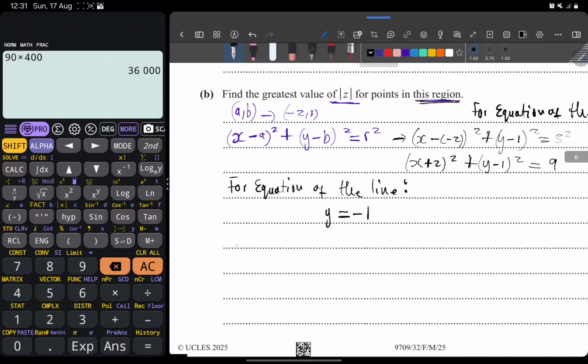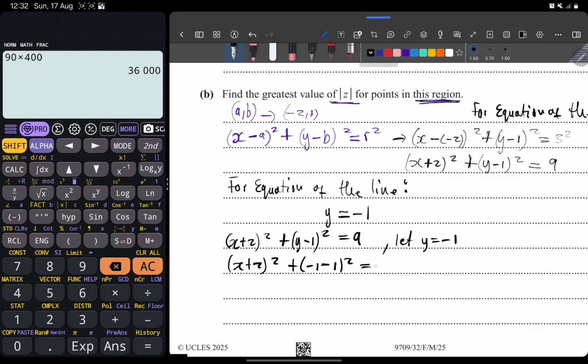So now you're going to say (x plus 2) all squared plus, instead of y, we are putting, plus (y minus 1) all squared, this is equal to 9. Then you say let y be equal to negative 1. It becomes (x plus 2) all squared plus (negative 1 minus 1) all squared is equal to 9.